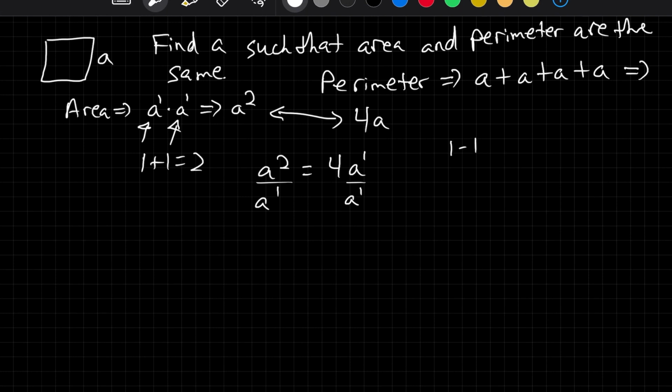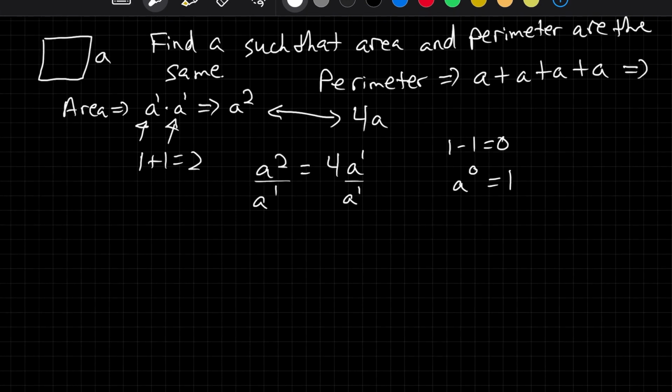So what is 1 minus 1? That's 0. So then this becomes A to the 0. Well, what is something to the 0 power? When something is to the 0 power, it equals 1. So therefore this becomes 1.